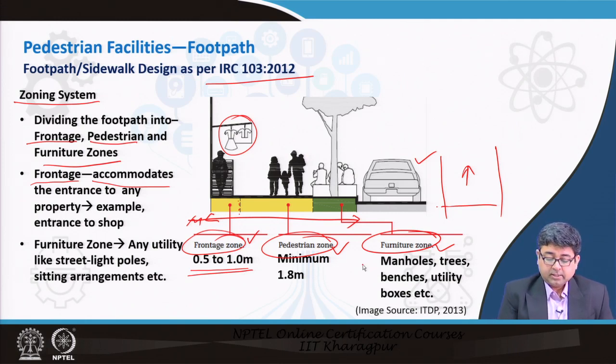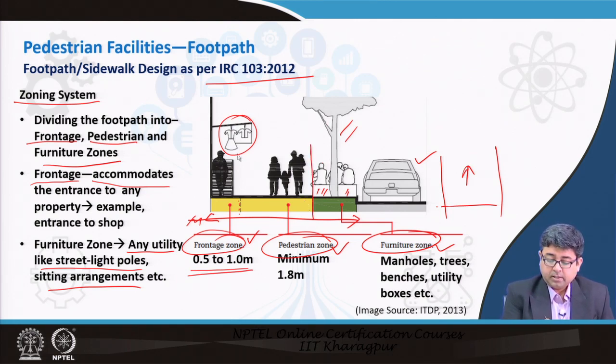Next comes the furniture zone, which is on the other edge of the sidewalk. In the furniture zone, all utilities like street poles, sitting arrangements, etc., should be provided. So, you have benches here, people are sitting on the benches, there are trees, all of those such areas should be demarcated from the actual walking zone.